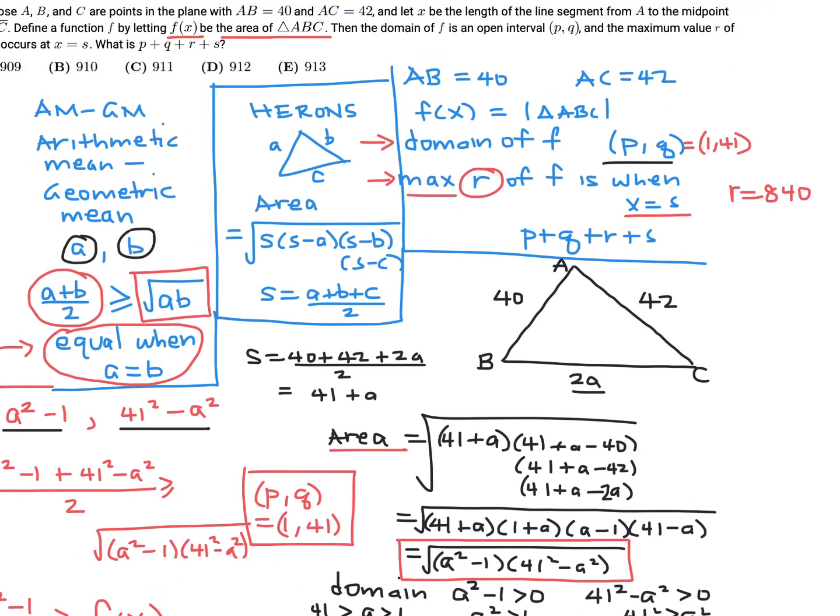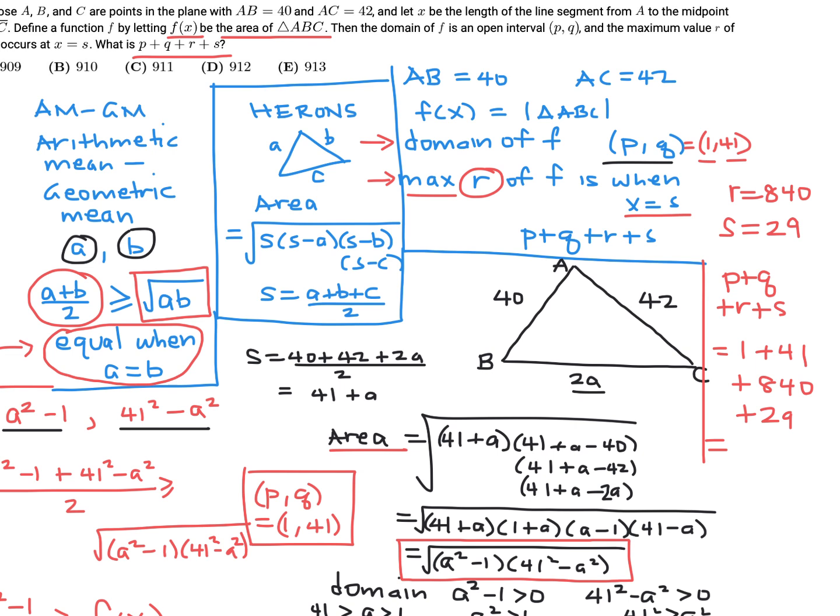That means S is equal to 29. So we got all the pieces of the puzzle here. And then the question wanted me to figure out P plus Q plus R plus S. So P plus Q plus R plus S would be 1 plus 41 plus 840 plus 29. And that is 911. And that would be C.